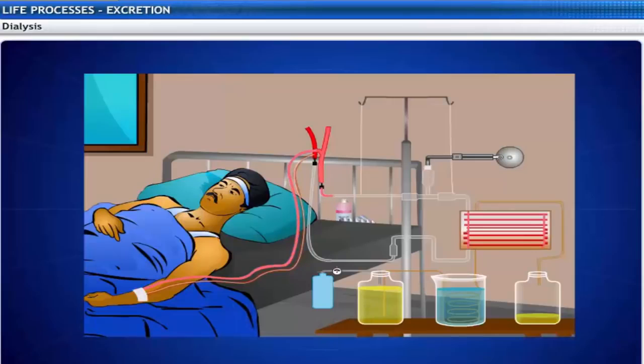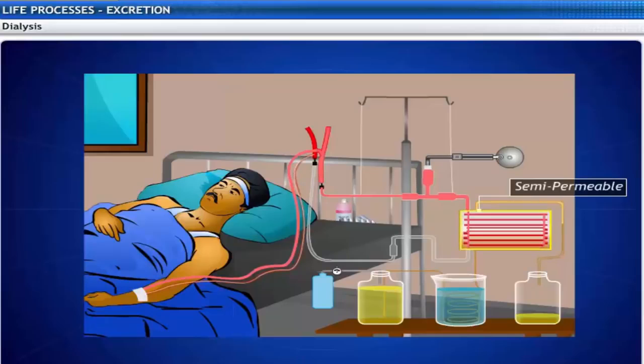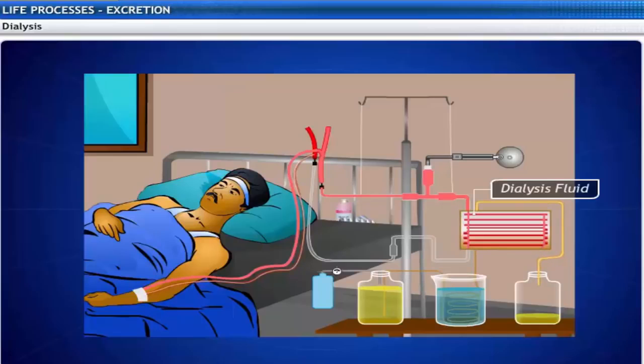An artificial kidney contains a number of tubes with a semi-permeable lining suspended in a tank filled with dialyzing fluid. This fluid has the same osmotic pressure as blood, except that it is devoid of nitrogenous wastes. The patient's blood is passed through these tubes.